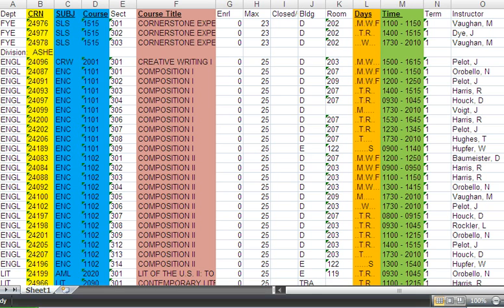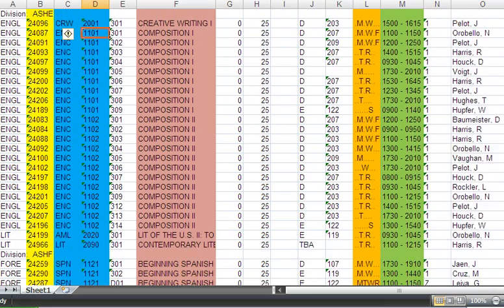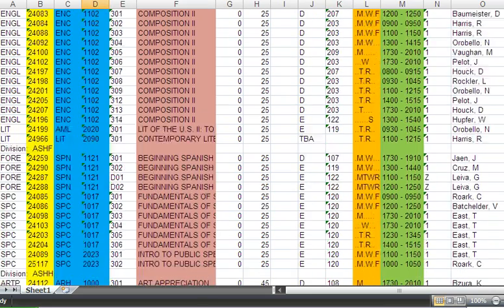So for your purposes, you're going to want to find a class that is offered at the exact same time that you're currently taking a class. Okay, so this will narrow the playing field quite a bit for you. In terms of suggestions for what you should take, let me see if I can't move this. Yes, I can.